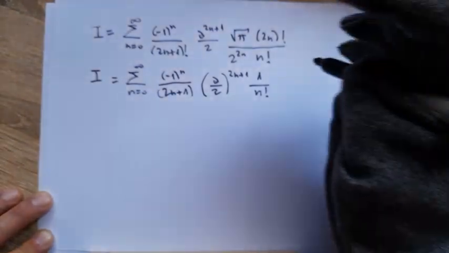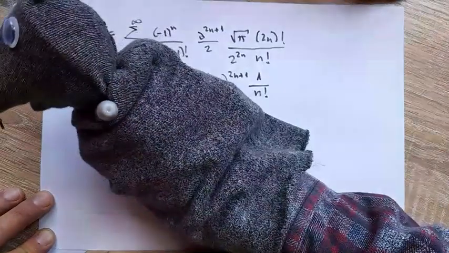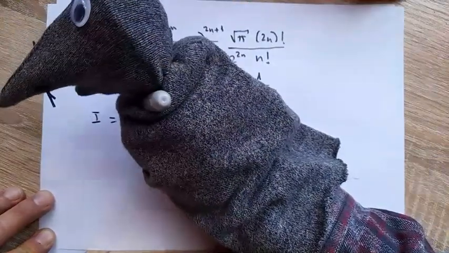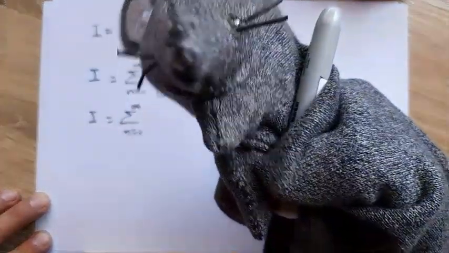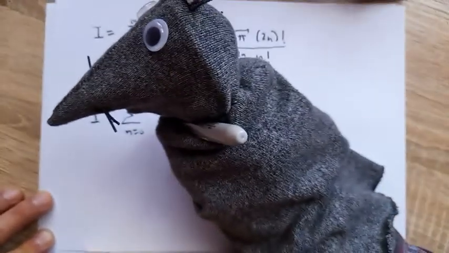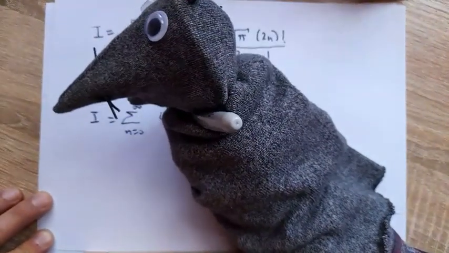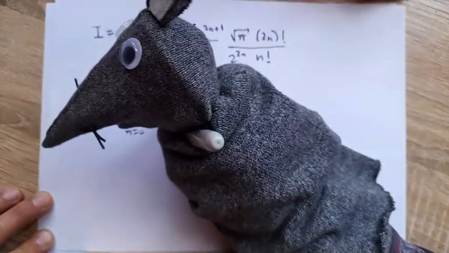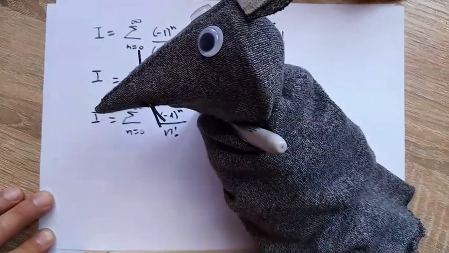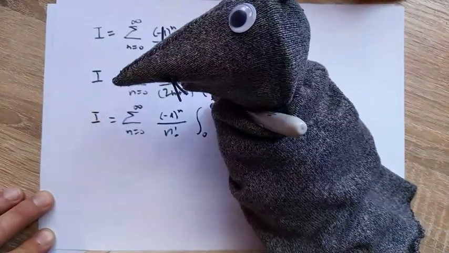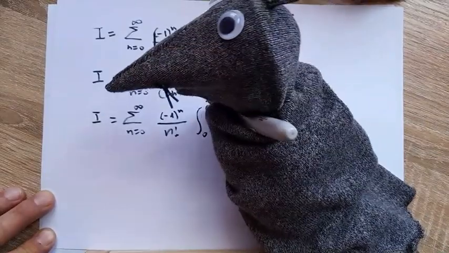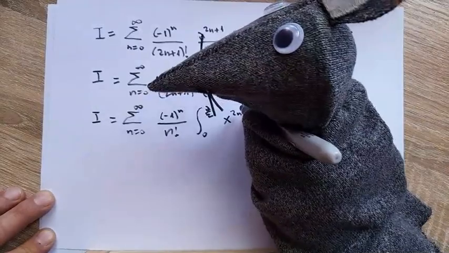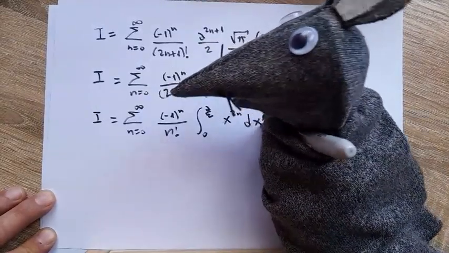So we can also write this as I equals the sum from n equals 0 to infinity of minus 1 to the n over n factorial times the integral from 0 to a over 2 of x to the 2n dx.